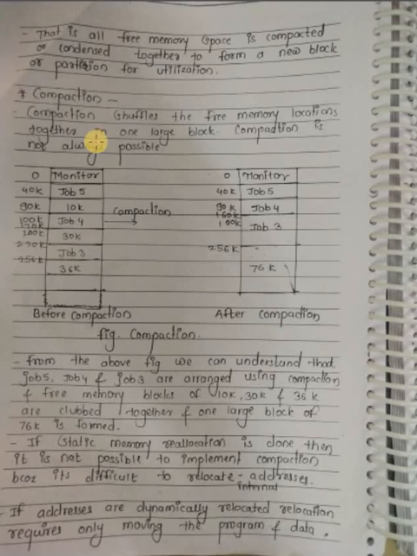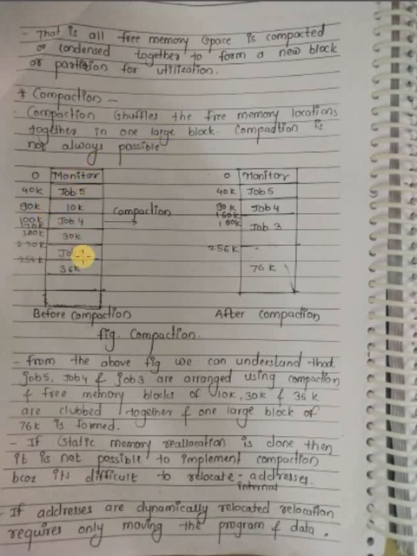In a compaction method, it shuffles the free memory locations together into one large block. But the compaction is not always possible. What is a compaction? The compaction method shuffles the free memory locations together to form one large block.